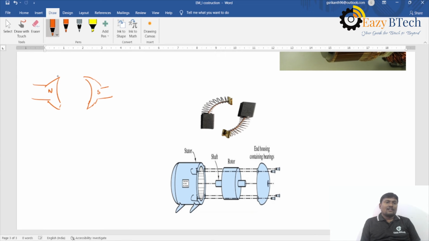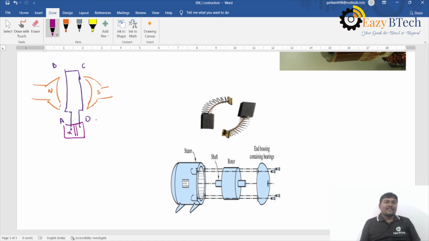So let us check the commutator operation. I am taking a two pole machine, the north pole, and this is the south pole. I am taking a simple loop generator. The conductor AB is like this.